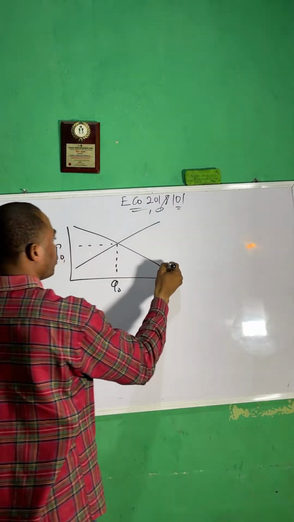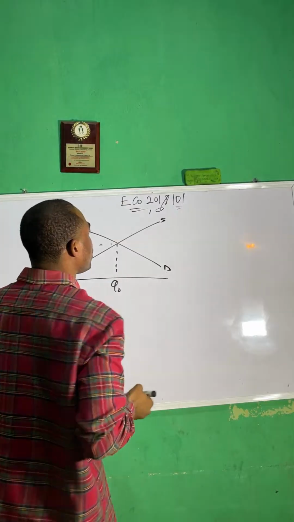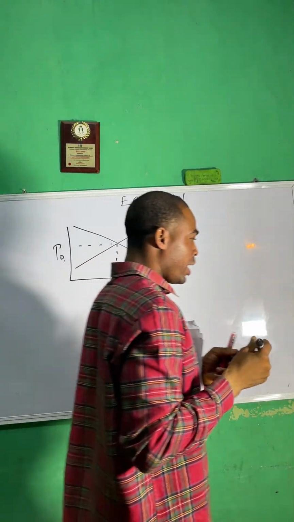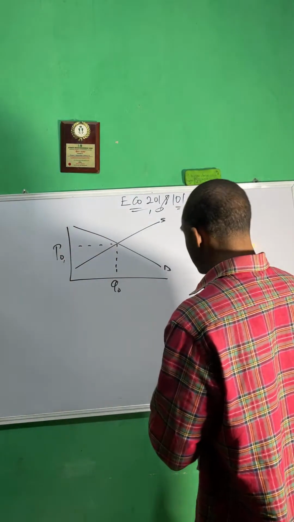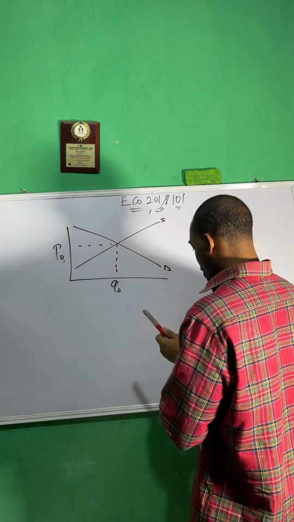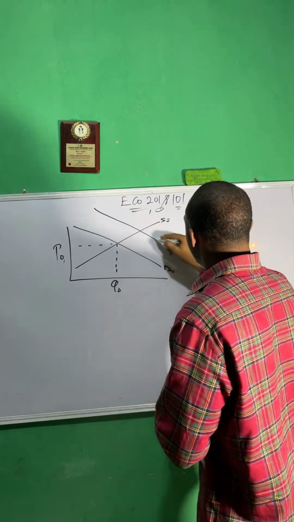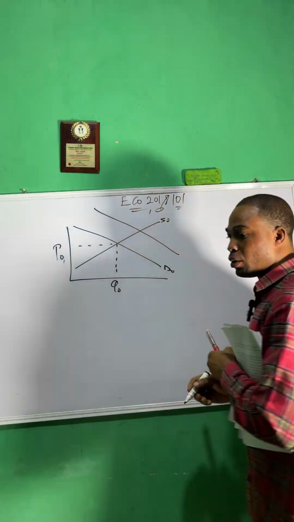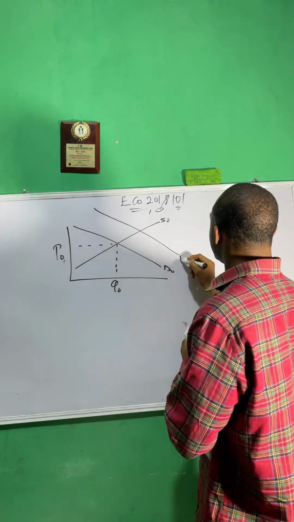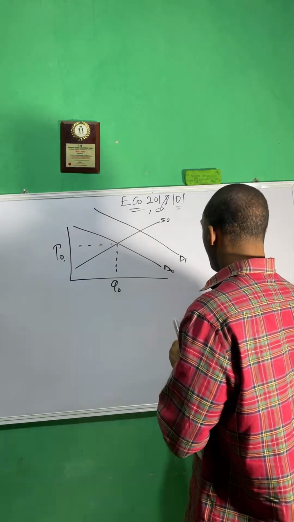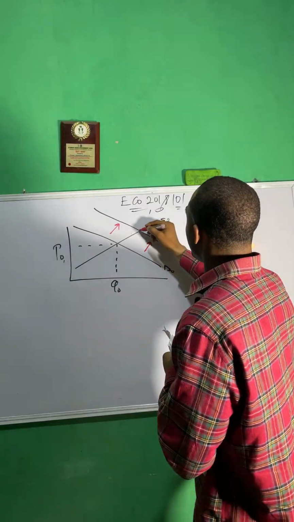Now, what happens if your demand increases from D0 to D1, where supply remains constant?